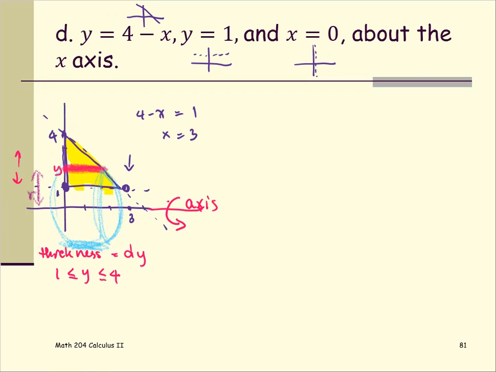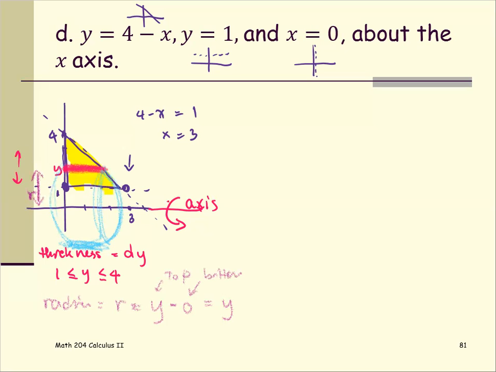So the radius can be found by using the top part minus the bottom part. The top would be y, the bottom would be 0. Okay, the position y minus position 0, or just y. Okay, we got the radius.